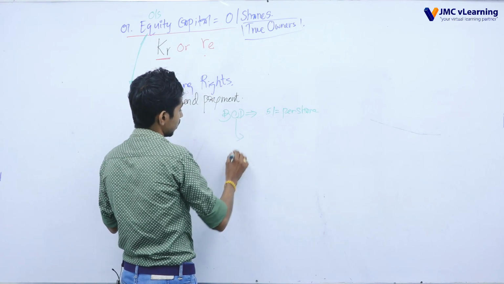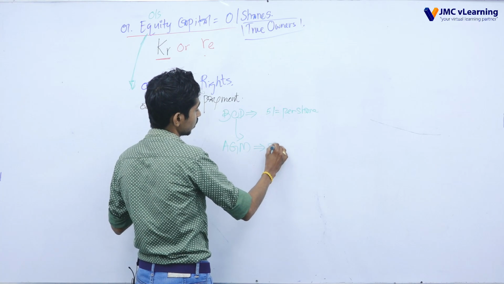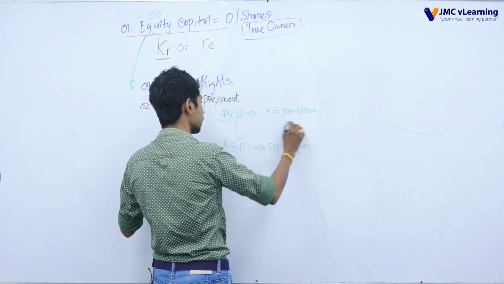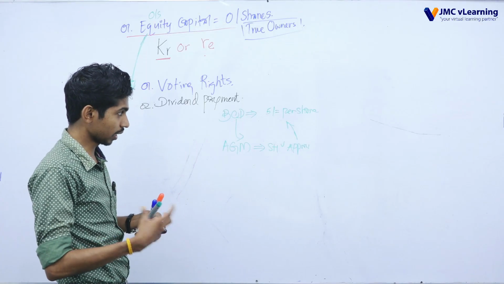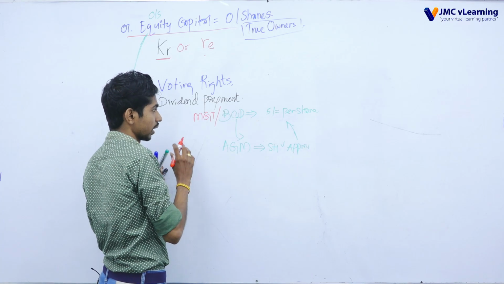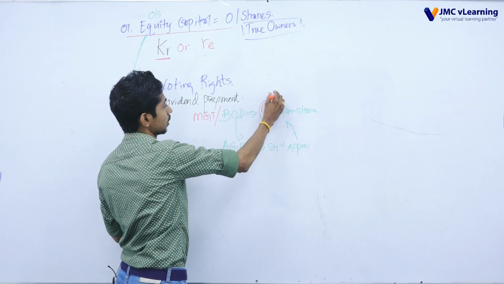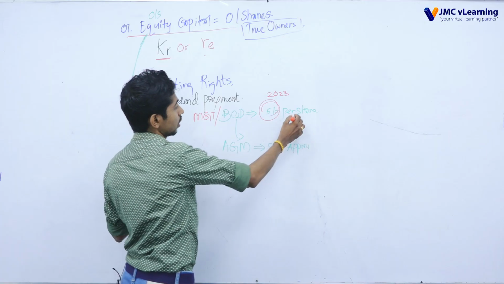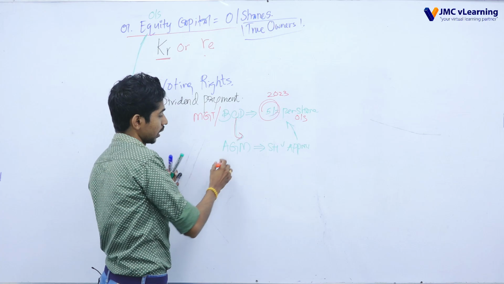Board of directors means the management. The administration people think about it and decide that this year, 2023, we can distribute 5 rupees per share on the ordinary shares. Those decisions come under the annual general meeting.